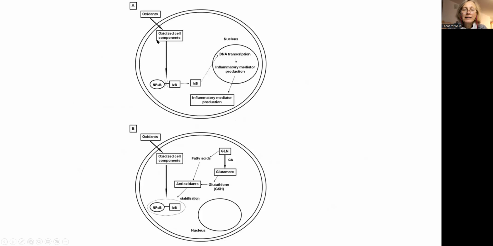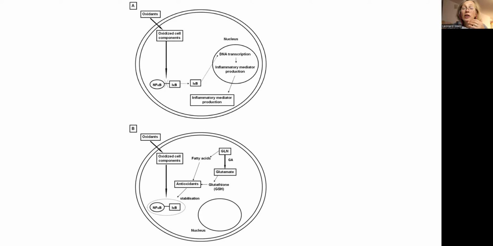In the next slide, you see, again, this is the cell. And when oxidation happens, because energy production is a process where reactive oxygen species get released, they are oxidants. Also, we consume a lot of oxidants in the form of drugs and chemicals. Smoke could be oxidants, coloring agents.